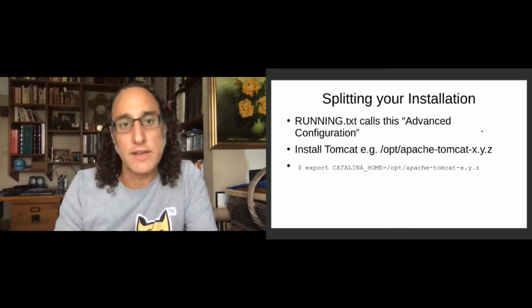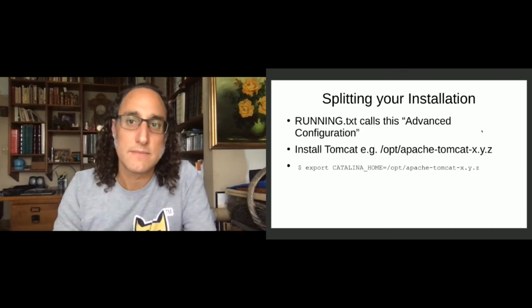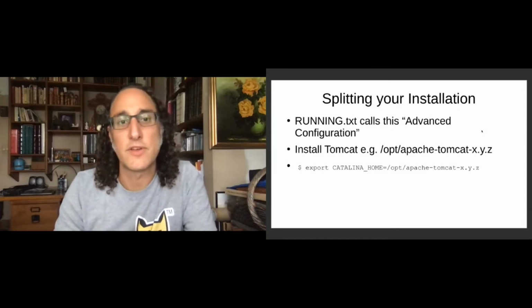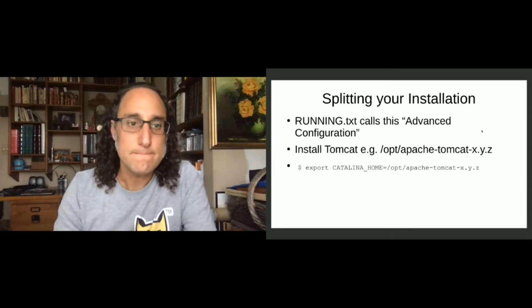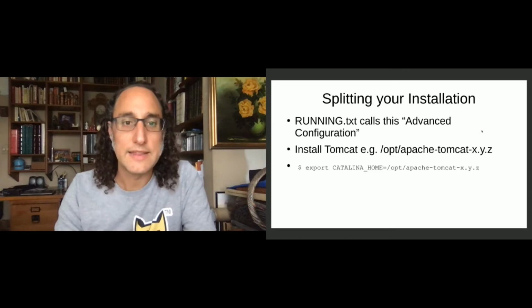If you look at the running.txt file, which is in all distributions of Tomcat, you'll find everything that I'm talking about today under the advanced configuration section. It's pretty straightforward. You would install your Tomcat into whatever location that you'd like, and then set the Catalina home pointing to that directory.